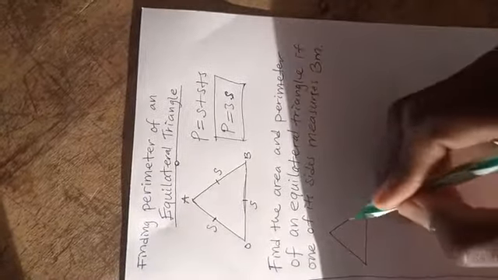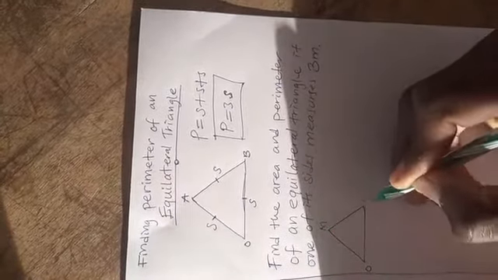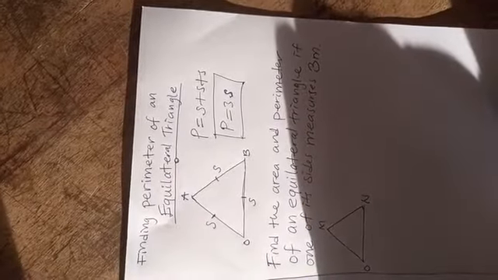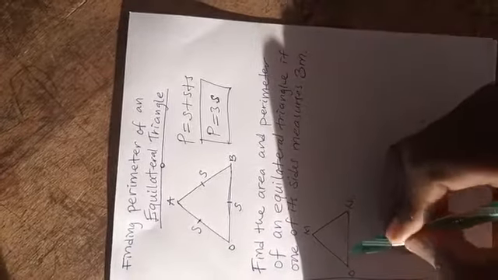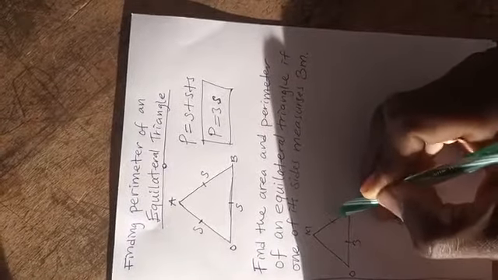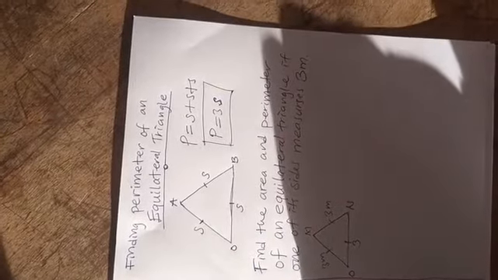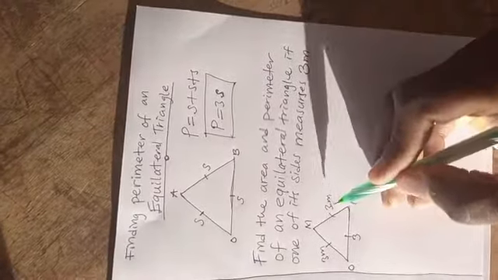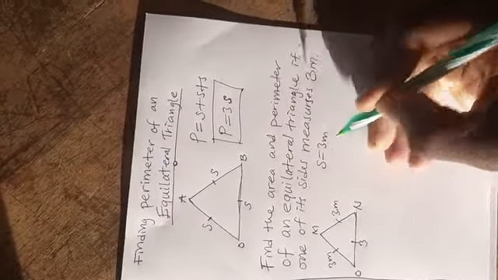Let's name it triangle OMN. And from the question, one side measures 3 meters, 3 meters, 3 meters. So we say S is equal to 3 meters.